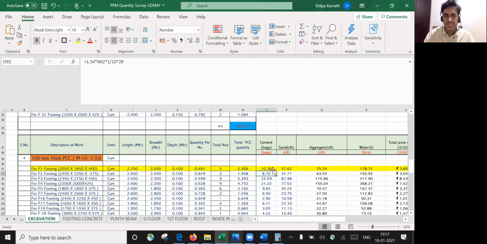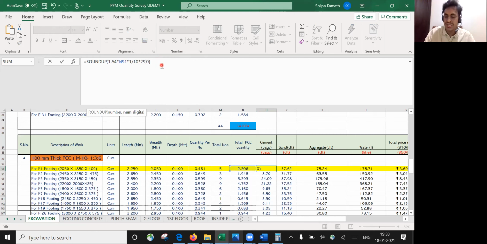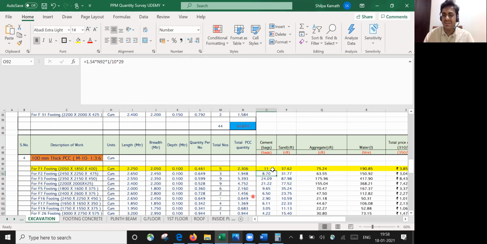It should have come by this time. Let me do it. Wait. Let me put 0 here instead of 1. It should take now. Yeah, it's coming 11, right? So instead of putting 1, put 0, so that it will take the next higher value, that is 11.